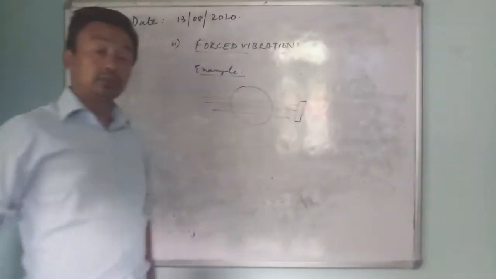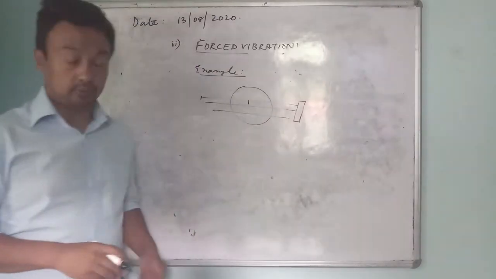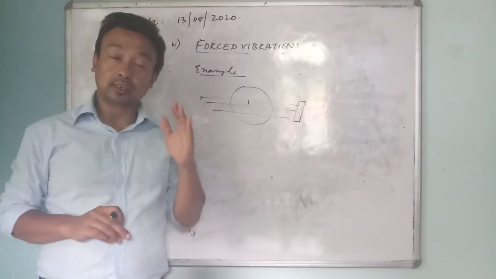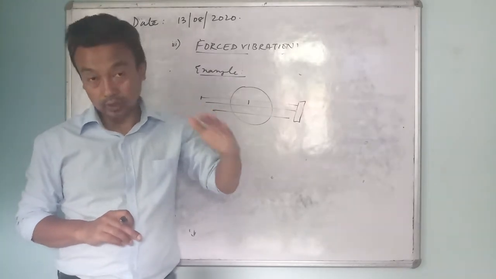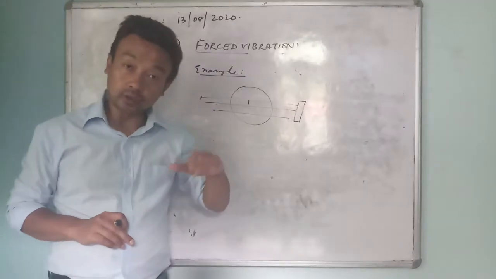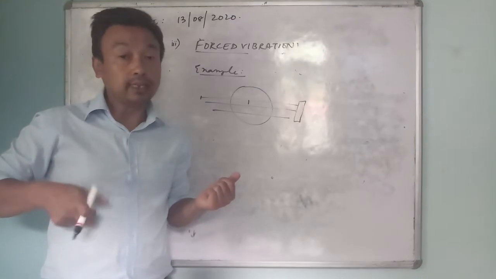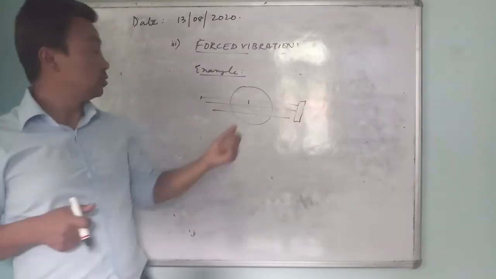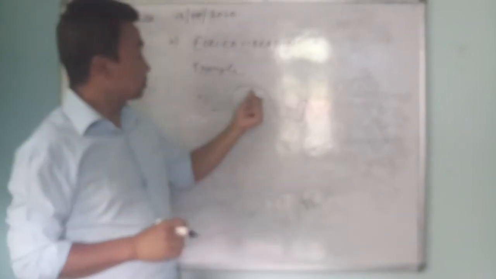You have a hollow box here, and you pluck the guitar. Suppose you pluck the guitar and leave it, then that will produce damped vibrations, because that body is vibrating under its natural frequency, and the vibration will decrease with time and stop. But when you continue to pluck, that means you are applying an external periodic force. So it will go on vibrating as long as that external periodic force is there. So that is the third force which is added in forced vibrations.